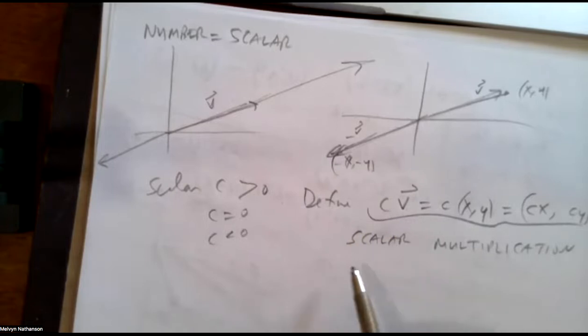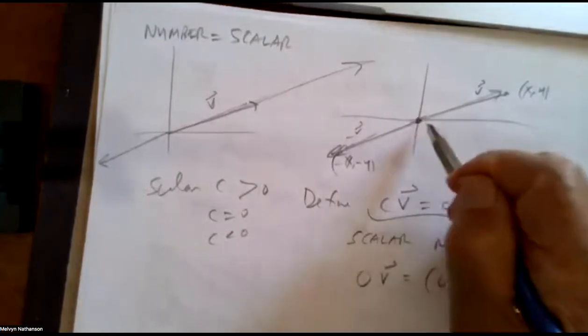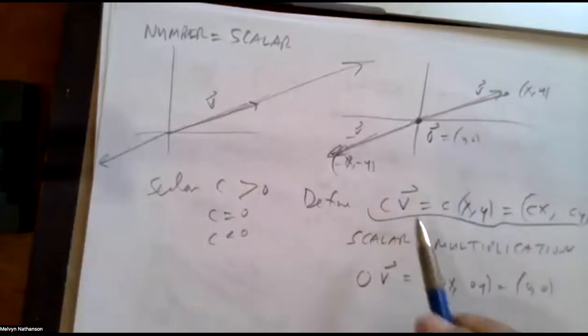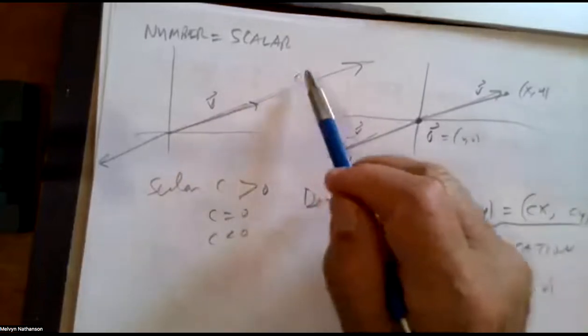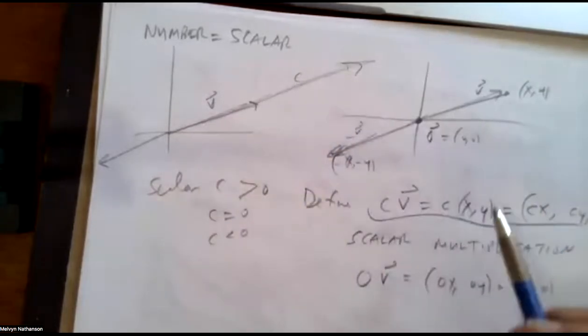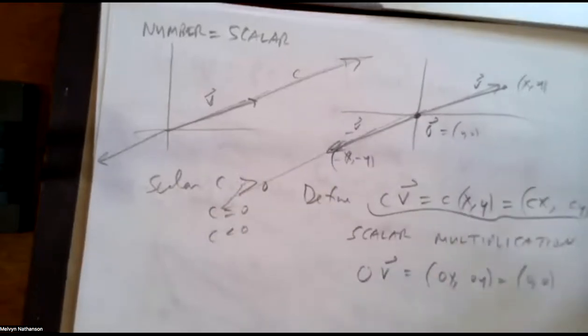If c is 0, we just get the vector whose coordinates are 0. That's the origin in the plane. That's the 0 vector. If c is positive, you get a vector stretched in the same direction. If c is negative, you get a vector stretched in the opposite direction. So that's scalar multiplication.